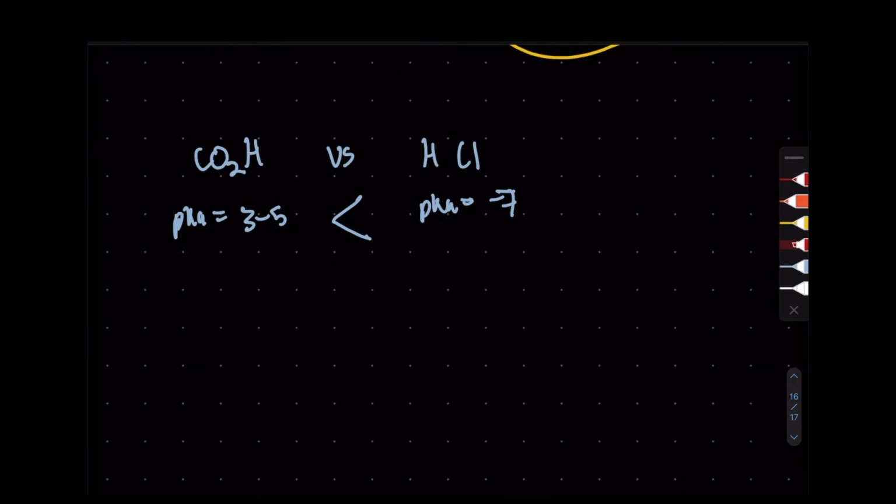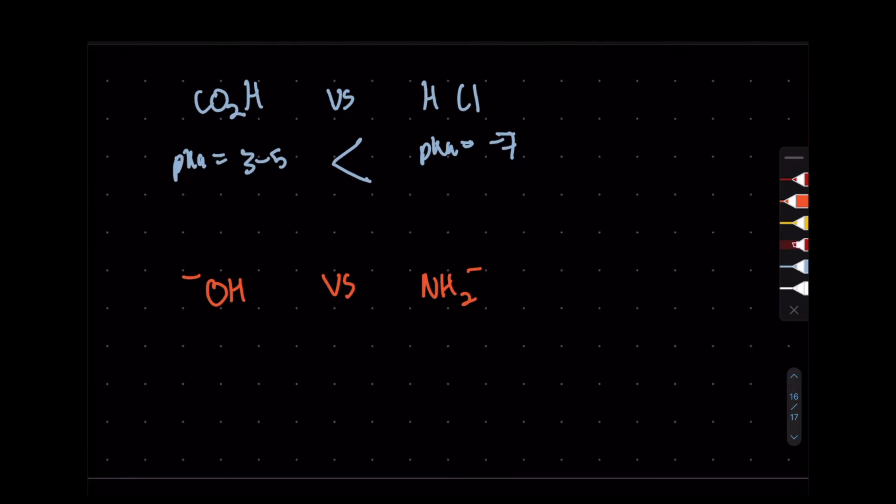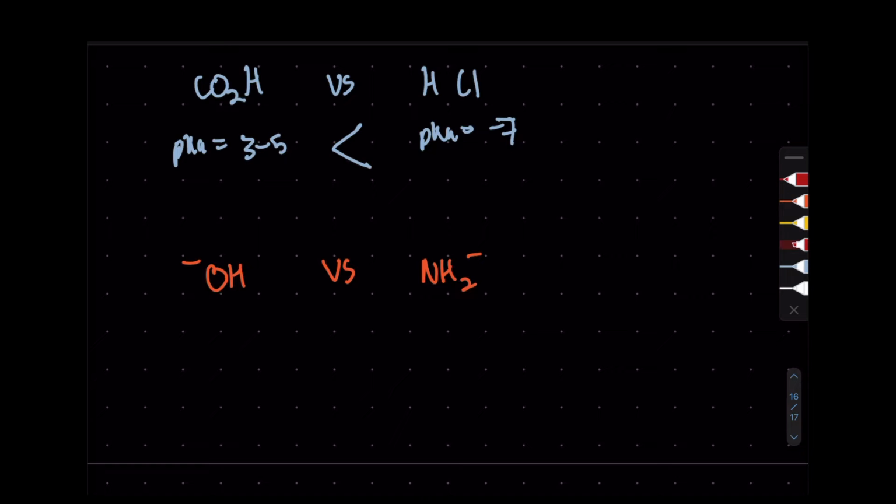But then how do we use pKa values when comparing bases, when bases don't have pKa values? One way we do this is by comparing their conjugate acids' pKa values.